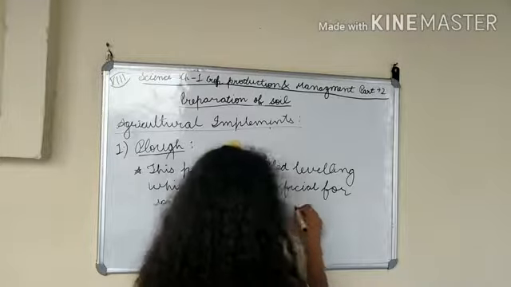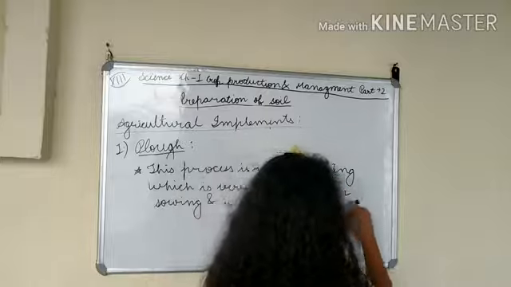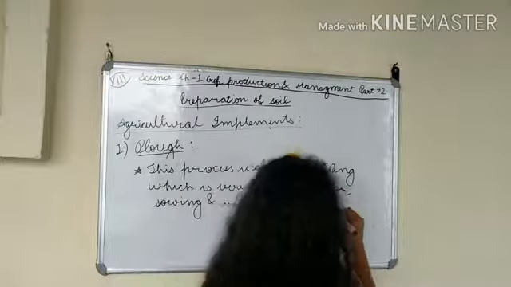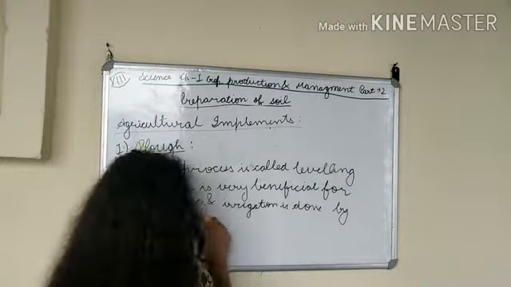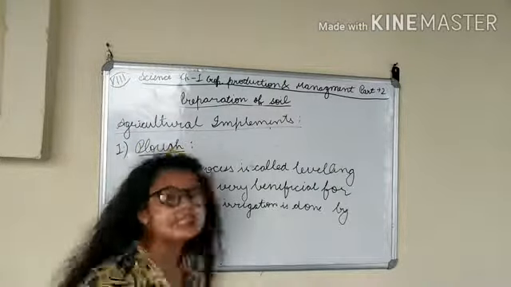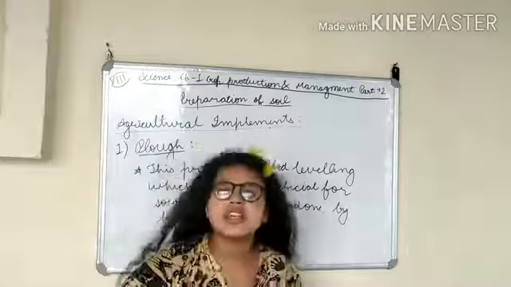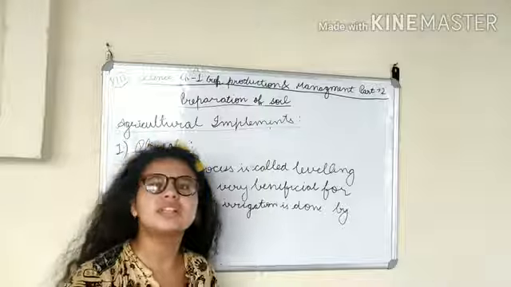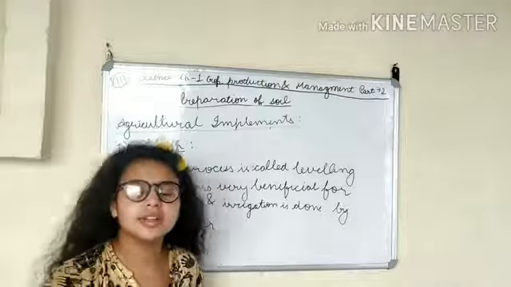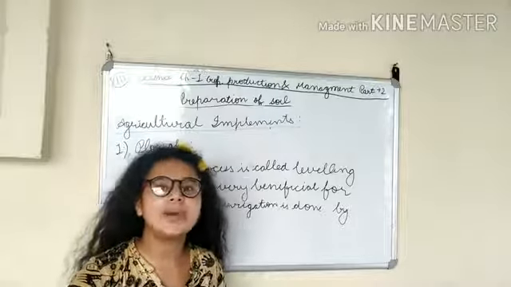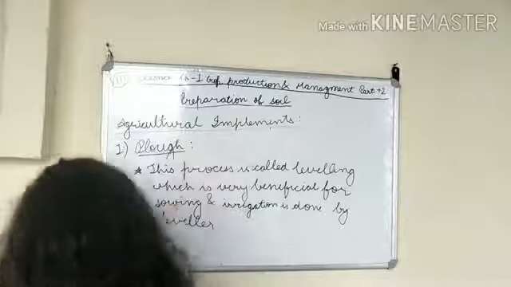It is done by a leveler. Right? The breaking of soil crumbs is called the process of leveling, which is done with the help of a leveler, and this process is very beneficial for sowing as well as irrigation.